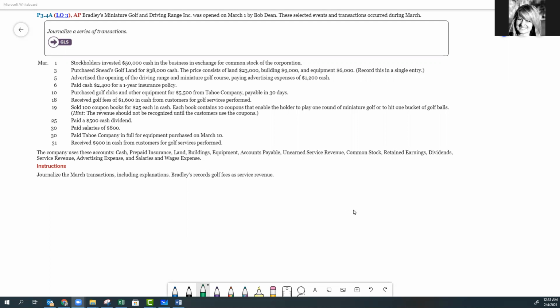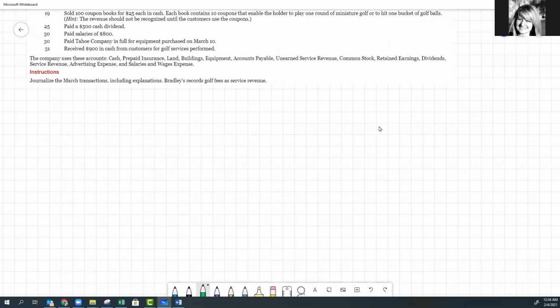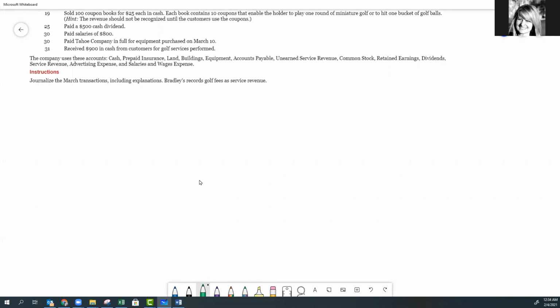We're going to work on this problem after I give you this little mini lecture. I always like to talk about 3 rules of debits and credits. You probably did some work already where we talked about transactions and the effect on the accounting equation, but we did it in English.